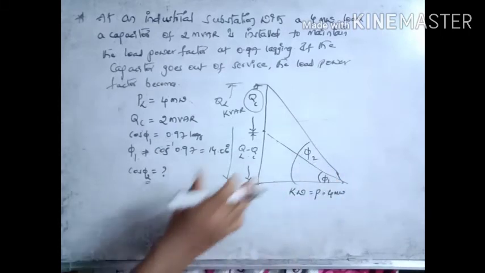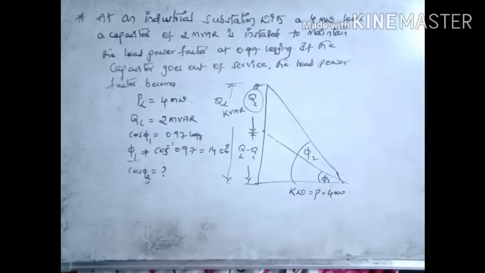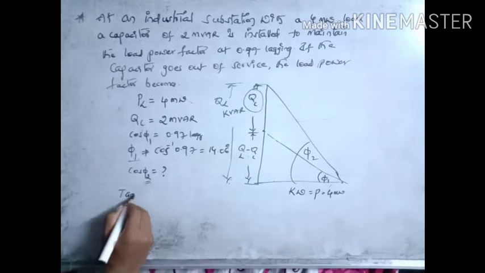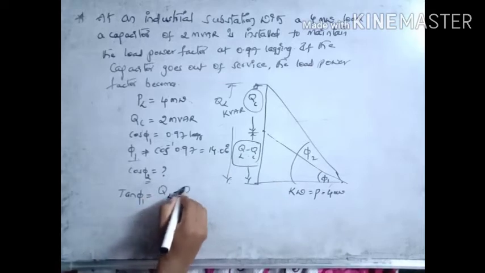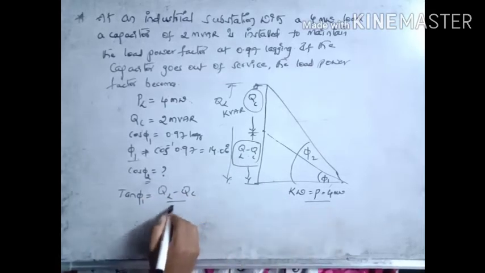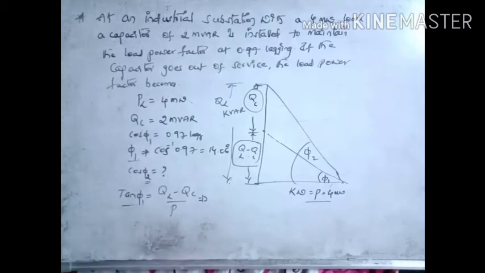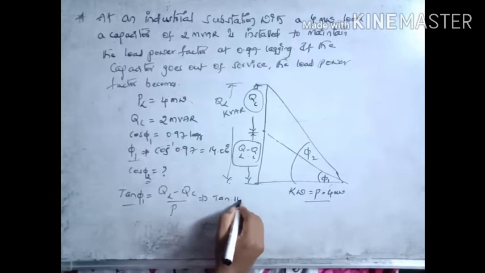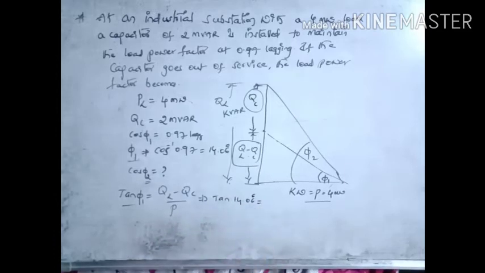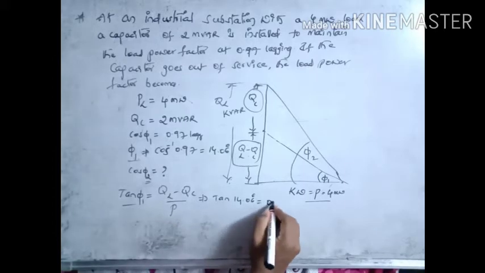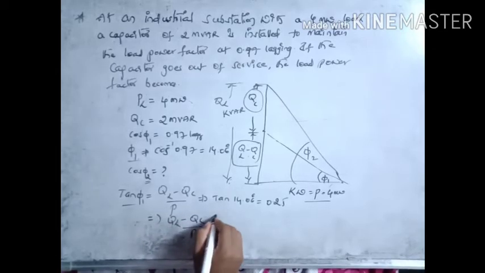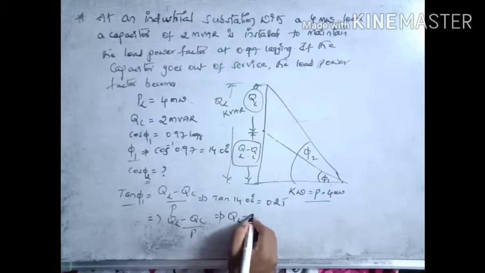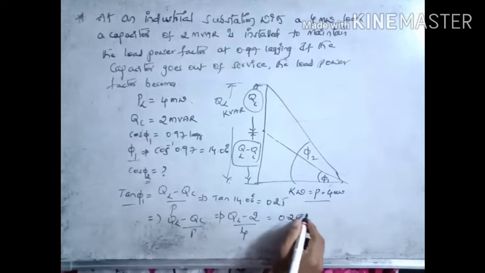And if this is removed, the total reactive power at phase angle phi 2 we have to calculate. So now we already have the phase angle phi 1, and tan phi 1 equals the opposite side QL minus QC over the adjacent side P. tan phi 1 can be written as tan of 14.06 degrees, which equals 0.25, which equals (QL minus QC) by P. We already know the P value: QL minus QC is 2 and P is 4, which equals 0.25.